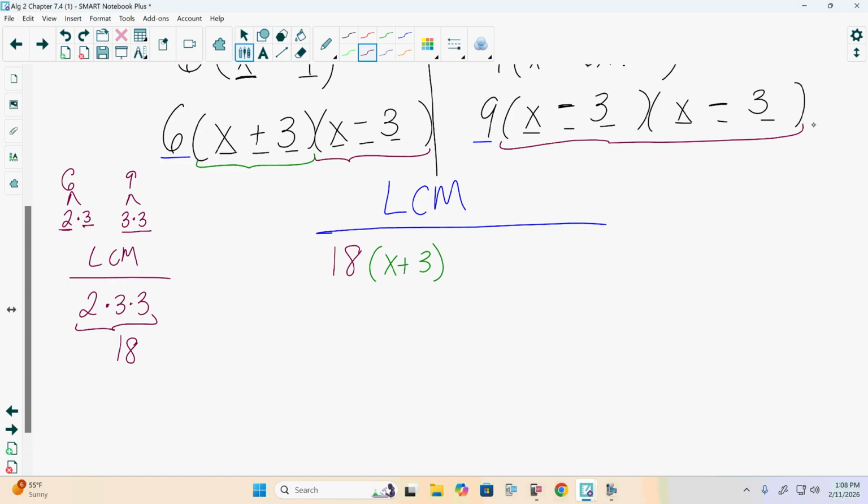Even though it does show up 1 time on the left, 2 times on the right, the most it shows up out of either one is twice. Because we're looking for the first expression that we can make them both be the same. Since one of them has 2, we need it twice. We don't need it a third time because it only shows up twice in one of them. If it showed up 3 times in one, we need it 3 times.